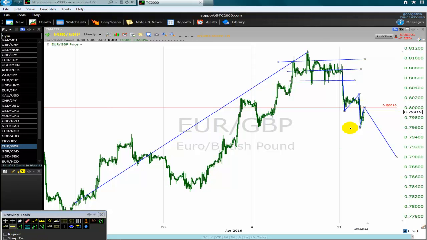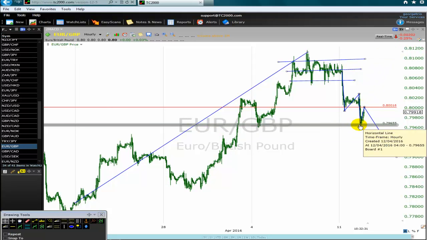Stay tuned. The price should go back up. So if there is no bearish momentum beyond this level of 0.7965, the price will change direction here and just go back up, because the minimum price move is three. After three moves, either there is a reversal, or we may have a continuation.